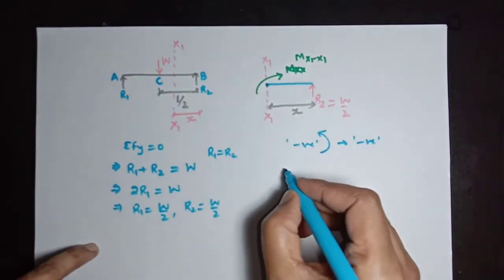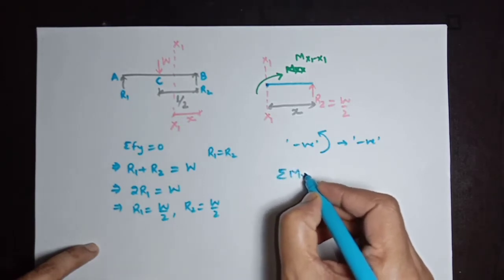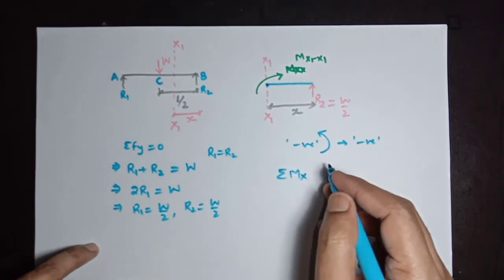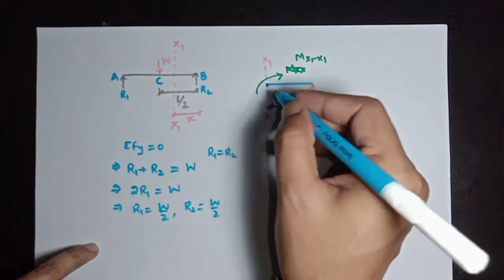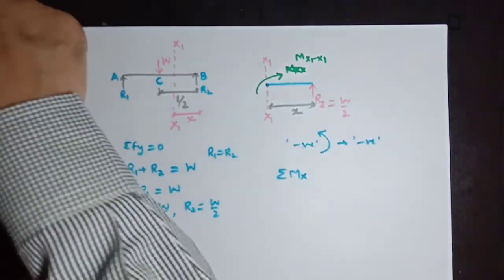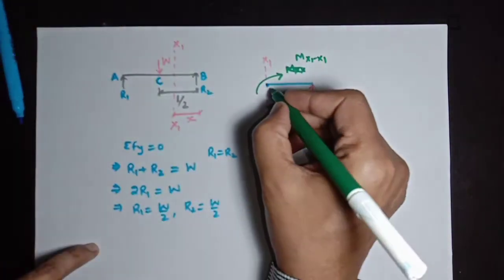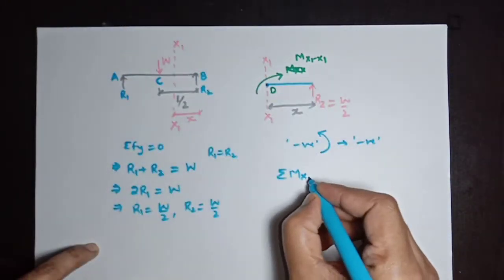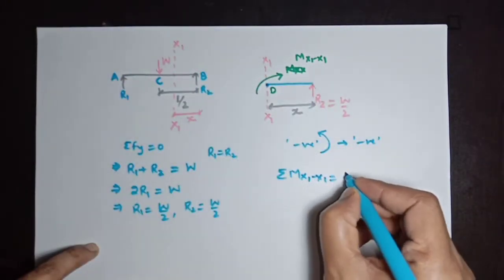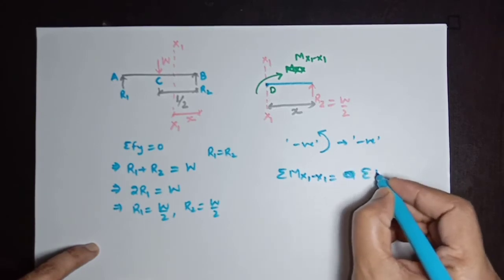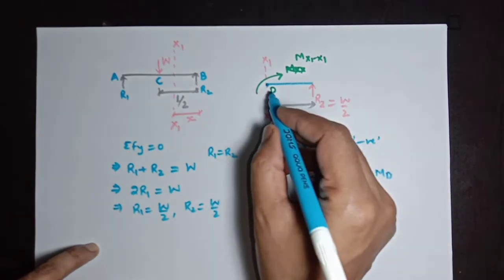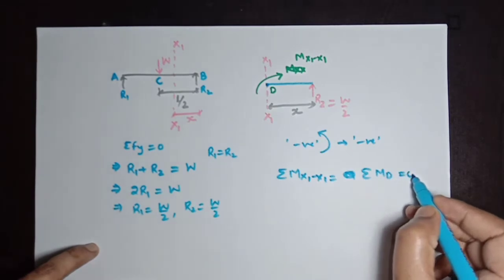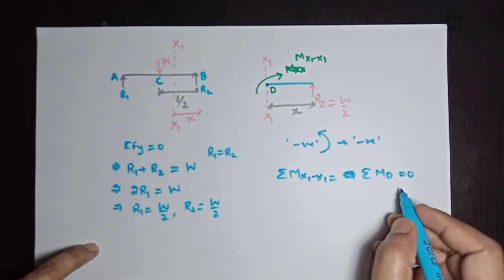So summation of moment about x1, let's say any point here is D, so summation of moment about point D will be 0 as per the equilibrium condition of moment.